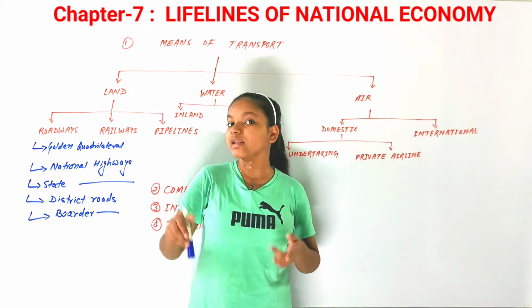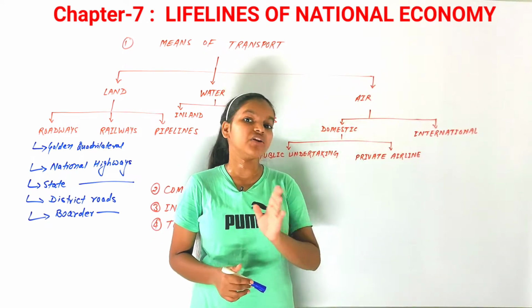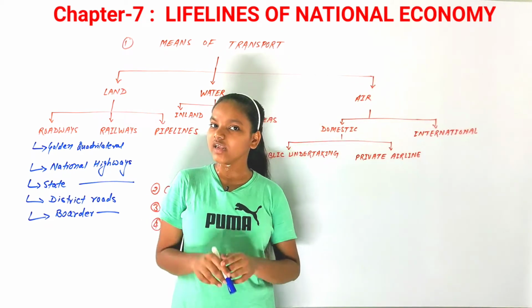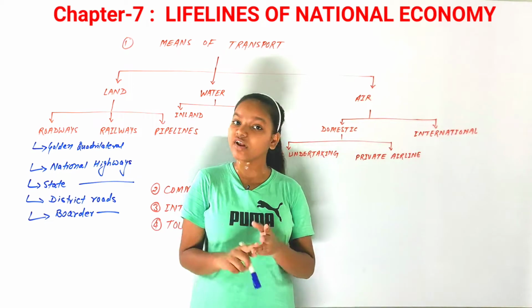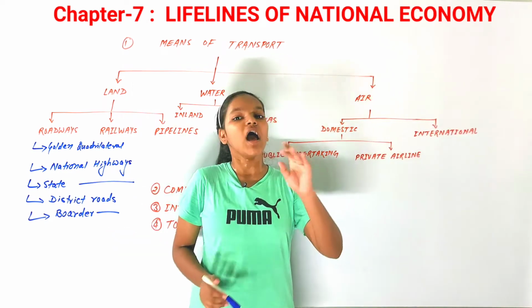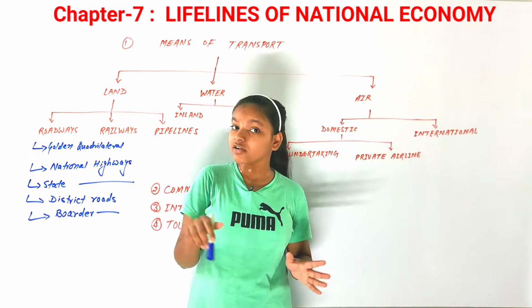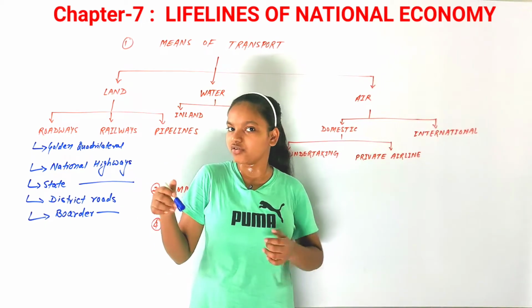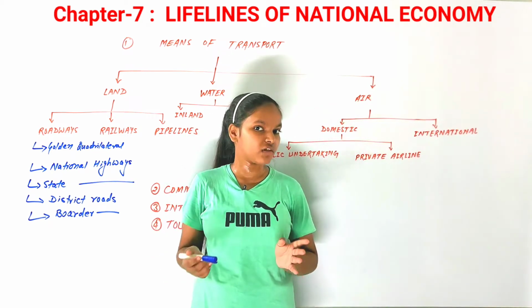Thus, trade, transport and communication are complementary to each other. For example, radio, newspapers and magazines connect the world, the countries and the people to each other. So they are very, very important for the pace of development.